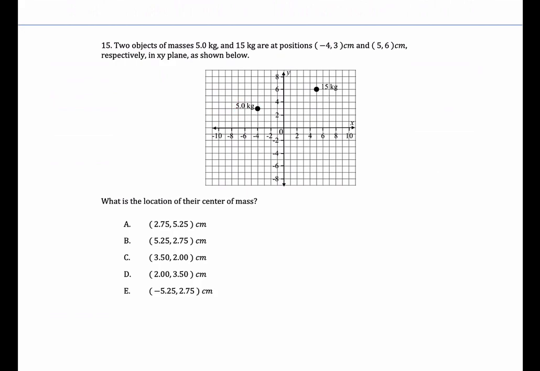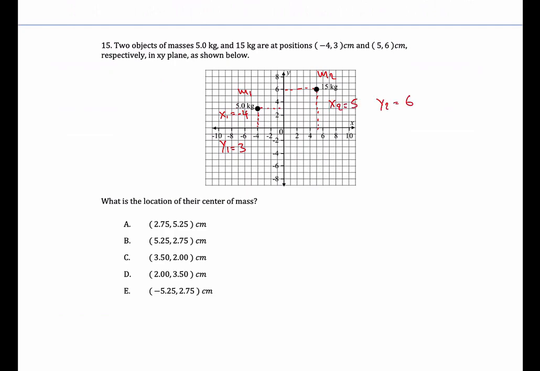For the first object with mass 1, the given location is x1 is -4, and if necessary, y1 is 3. For the second object, mass 2, the x2 is equal to 5 and the y2 is equal to 6.